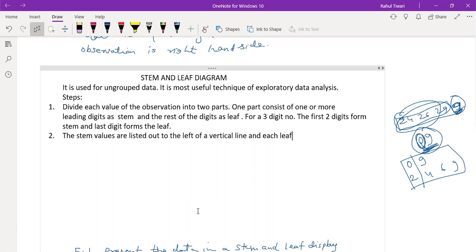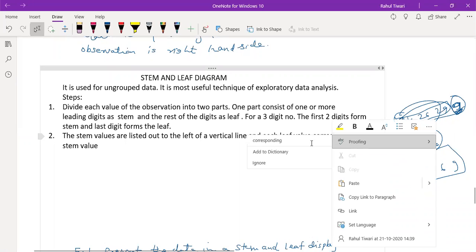And the leaf value corresponding to a stem value.